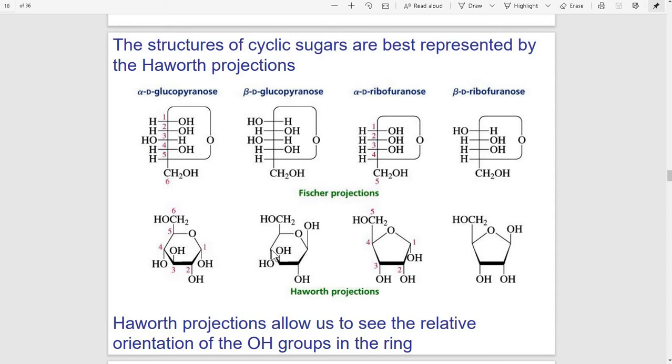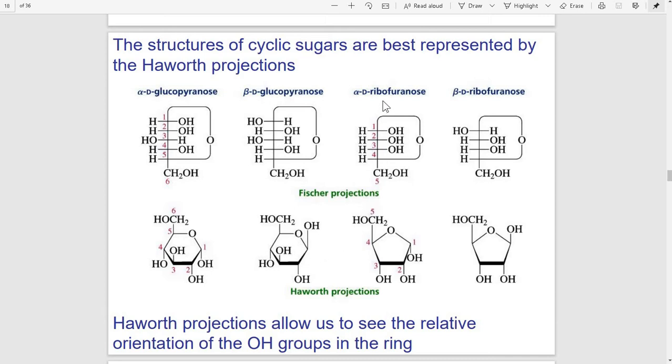After that, this OH is upward direction, which is left hand side. After that, this OH is downward direction, which is right hand side. Means right hand side OH are shown in downward direction, and left hand side OH are upward direction.